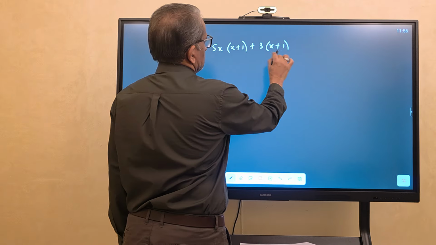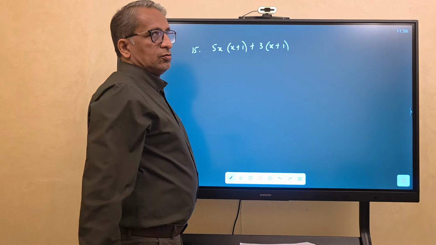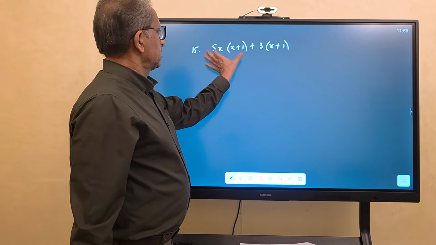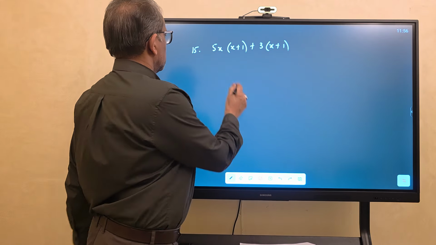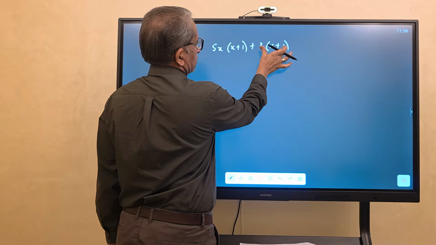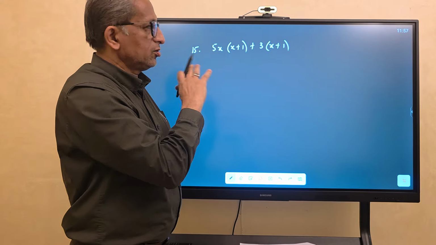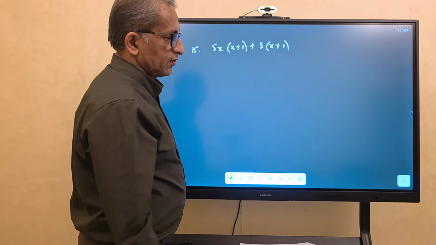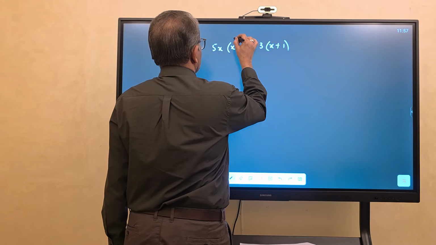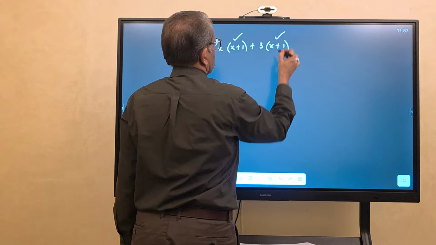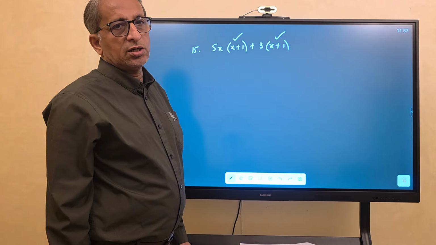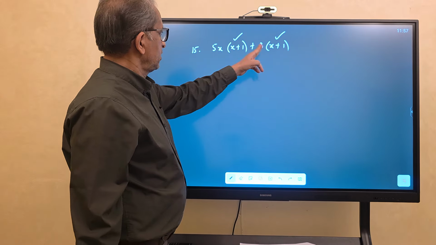We are given two terms, that is a binomial, because it is one term plus a second term. Now I need to find the factors of this. Is it easy? No need to find the GCF here. Why is it easy? Because we have the same common factor in both the terms, that is x plus 1.